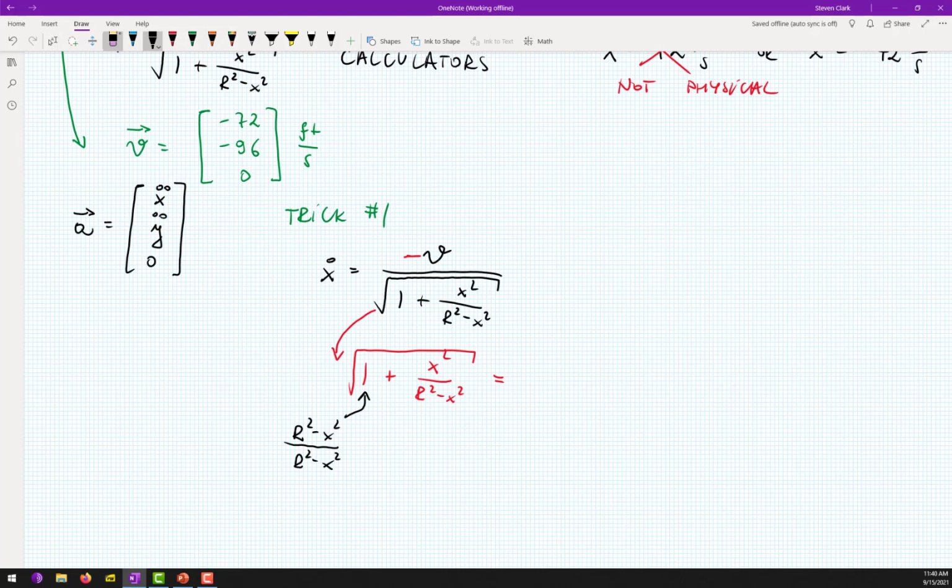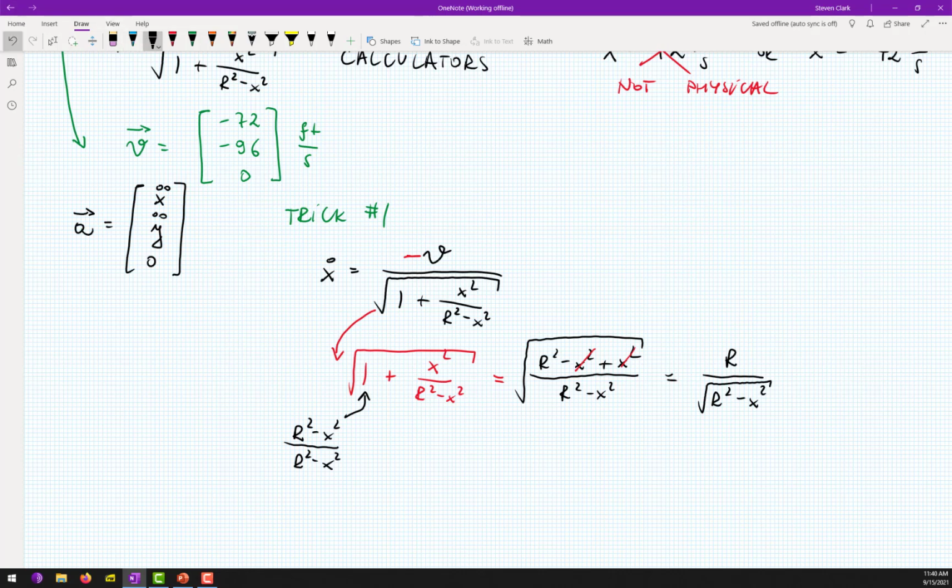So let's do it: r squared minus x squared plus x squared, divided by r squared minus x squared. I think I can get rid of these, and we will end up with r plus the square root of r squared minus x squared.